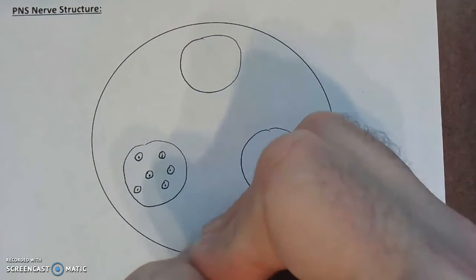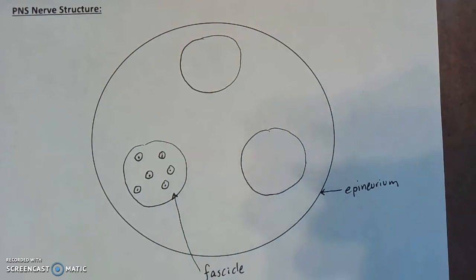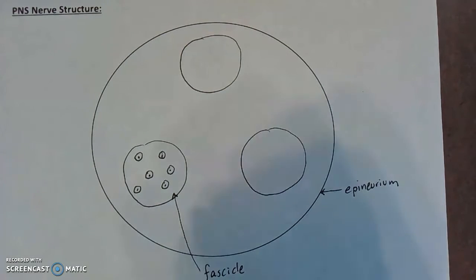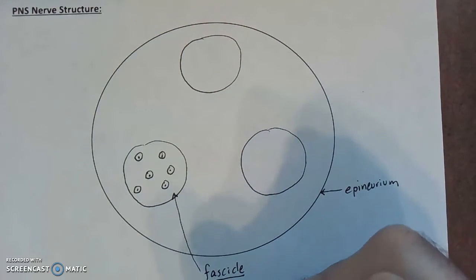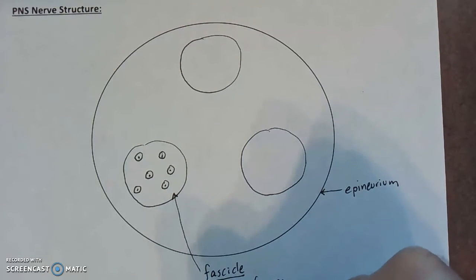Inside of here, we have these structures, and they have the same name as muscles. Fascicles, which mainly means bundle. So it's a bundle. And that bundle consists of axons, surrounded by perineurium.